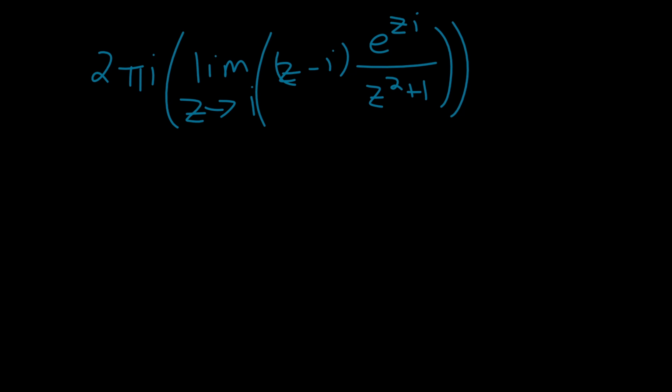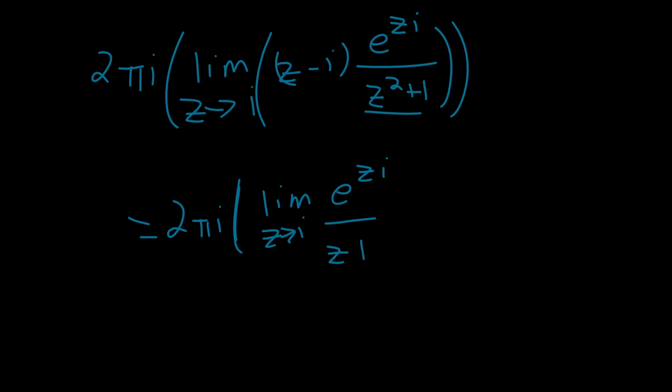But as before, we've just factored the denominator, so we know that this is just equal to 2 pi i times the limit as z approaches i of e to the zi over z plus i, which is just going to be equal to 2 pi i times, well, we can just plug in i here.